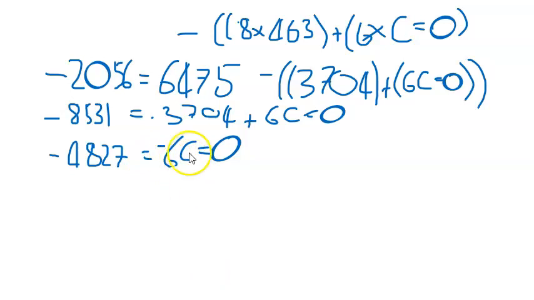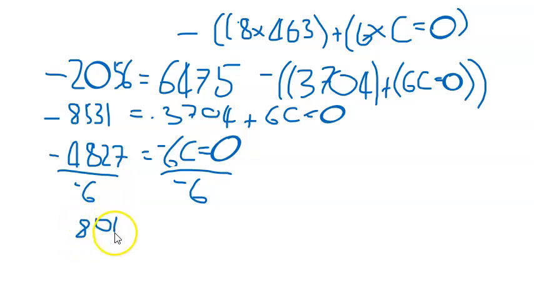So we can divide both sides by negative 6, and that will equal 804.5. So we can say 804.5 kilojoules per mole equals the carbon to oxygen bond.